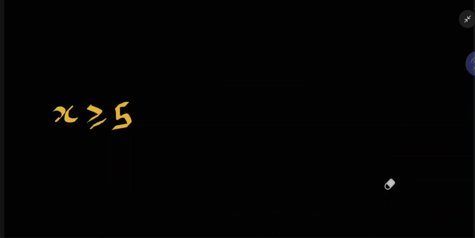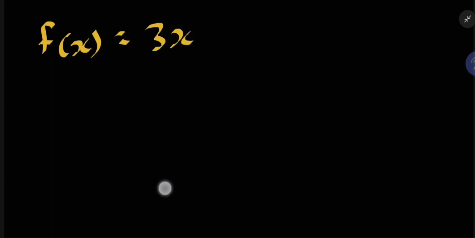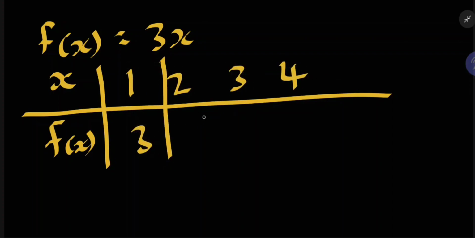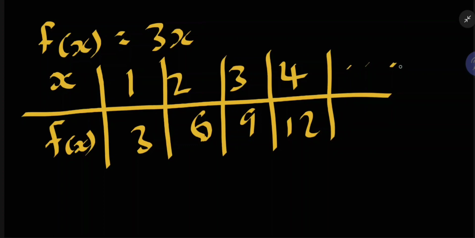So we can also express our functions as a table of values. And let's say our function is, we've been using 3x. So it means we have x, function of x. Where x is 1, 2, 3, 4, here you would have 3, 6, 9, 12.